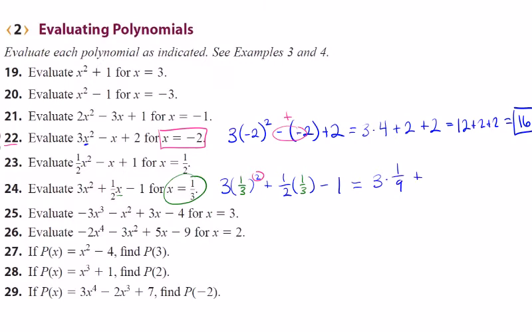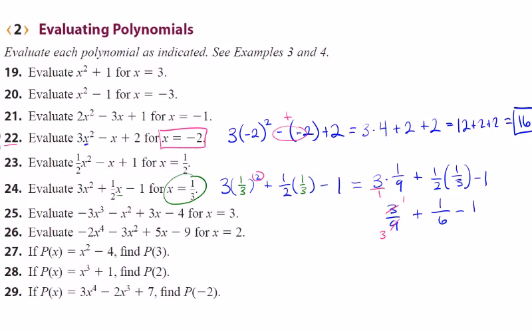plus 1/2 times 1/3 minus 1. And so 3 over 1 times 1 over 9 is going to be 3/9, right? Which can be reduced to 1/3. All right, then we have 1/2 times 1/3, which is 1 over 6 minus 1.